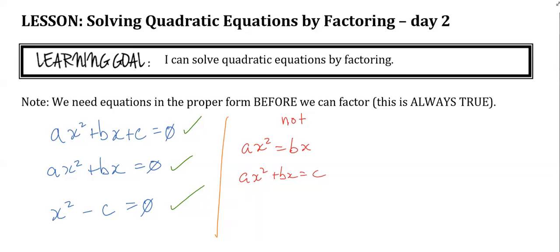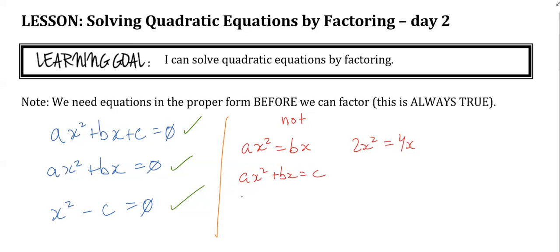Still no good, right? It's got to be equal to 0. A specific example of this might be something like that. People think it looks like you can divide both sides, but you cannot. You have to get everything on the left and set it equal to 0.